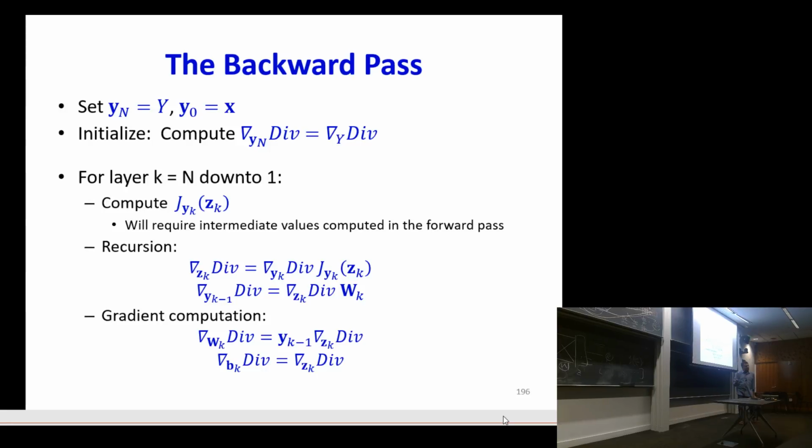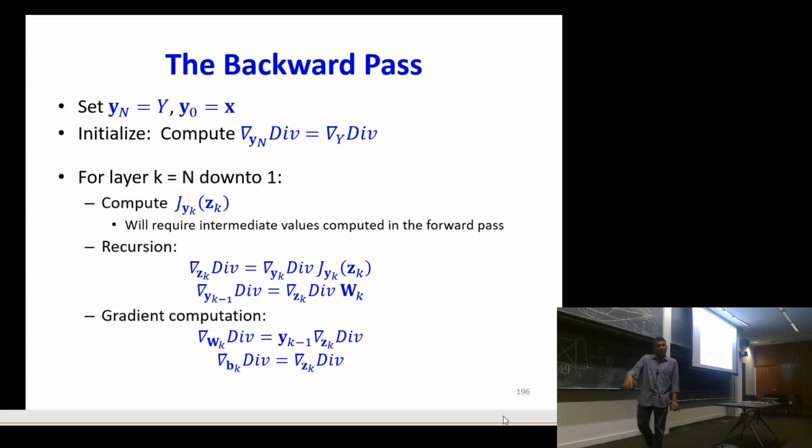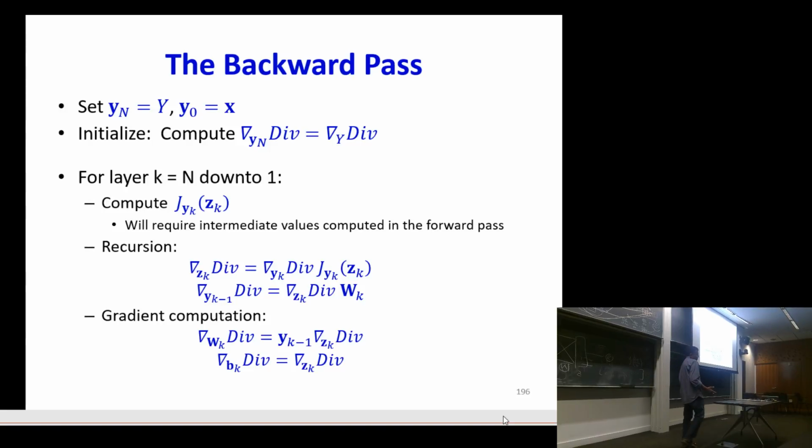I just keep going backwards. Now the cool thing over here is that I'm not distinguishing between scalar activations and vector activations. The Jacobian matrix figures it all out. And in the process, I can also compute my derivatives with respect to each of my parameters, which I'm going to aggregate for my vector.